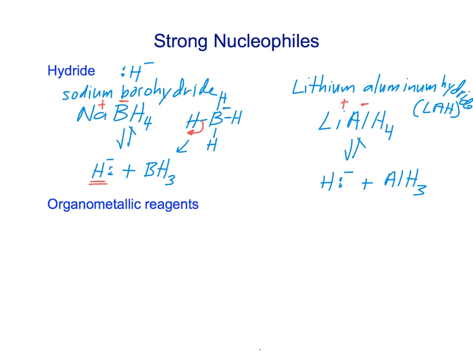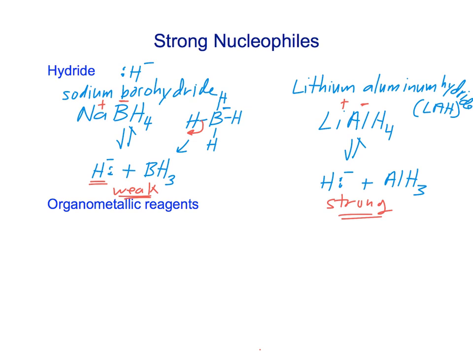Because of that, lithium aluminum hydride is a very strong reducing agent, and sodium borohydride is kind of a weak hydride reducing agent. This is kind of the thing we do: when you learned oxidations, you had chromium trioxide and sulfuric acid, our strong oxidizing agent.